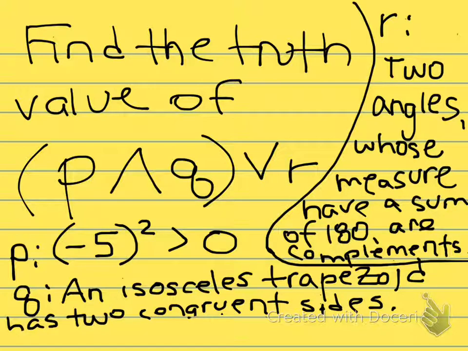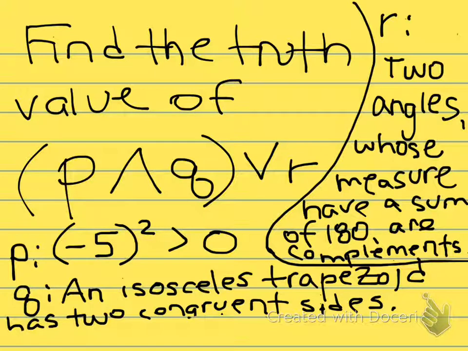Well, the definition of an isosceles figure means that it has 2 congruent sides, so that would also be true. R, 2 angles whose measures have a sum of 180 are complements. That is false, because 2 angles whose measures have a sum of 180 are supplements, not complements.